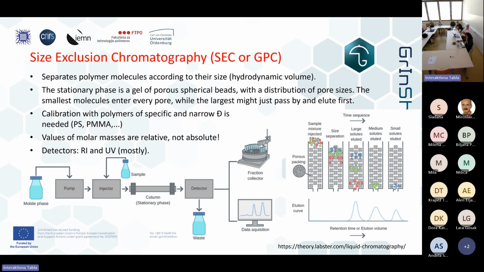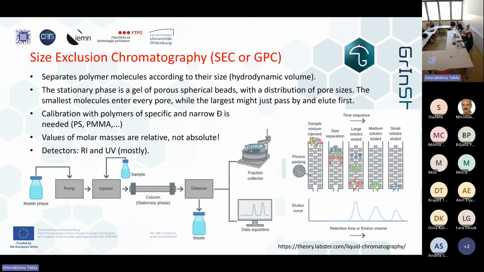That means that the molar masses we get are relative, not absolute. So if you see 70,000, it's relative to a polystyrene or PMMA standard. It's not really absolute, but anyway, we can use it for comparison.